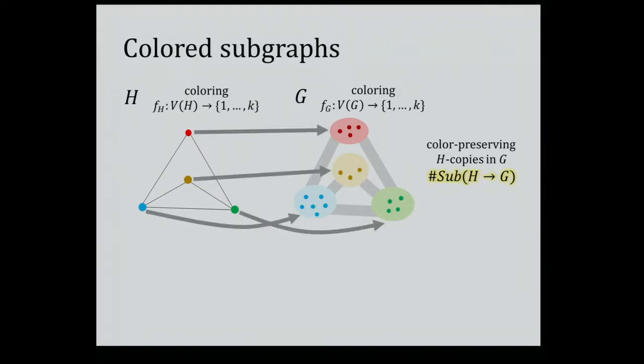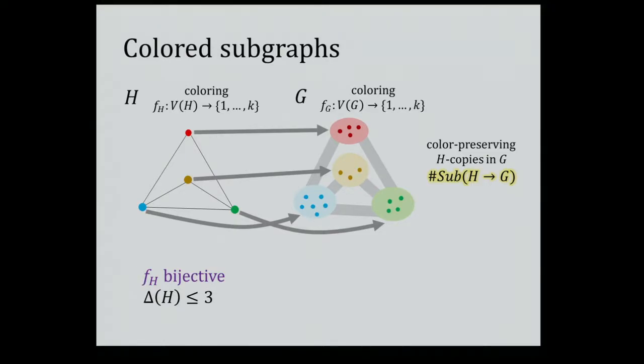And what you're interested in is the number of color-preserving H copies in G, which will be denoted by this sharp sub of H and G. So a color-preserving H copy is a subgraph of G which is isomorphic to H respecting colors. So the isomorphism is supposed to map vertices of a given color to vertices of the same color. And in particular, we will focus on this problem in the setting that H has a bijective coloring.